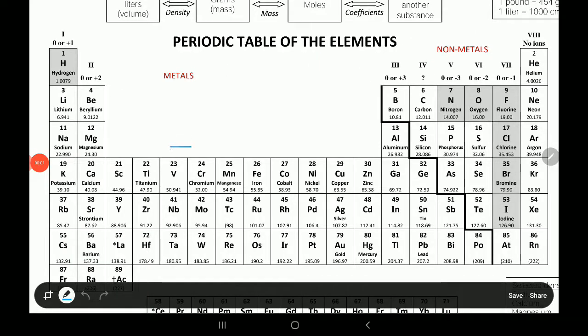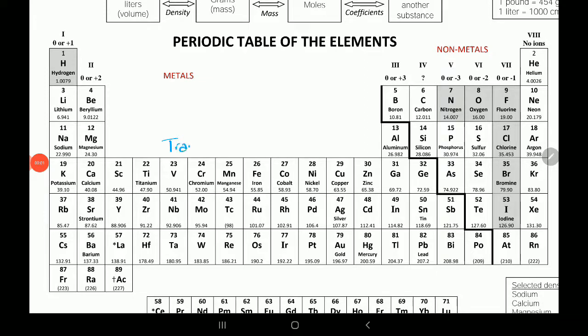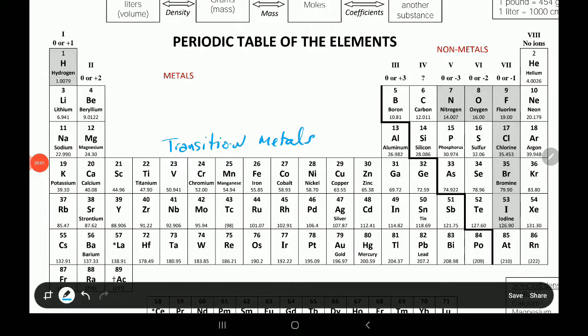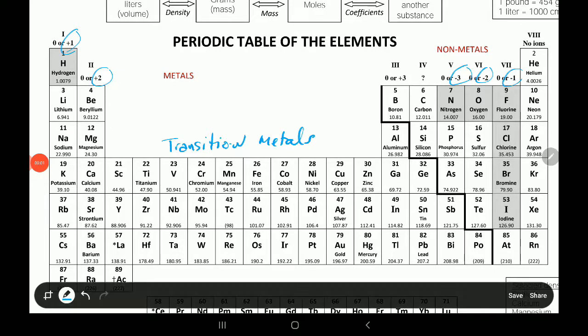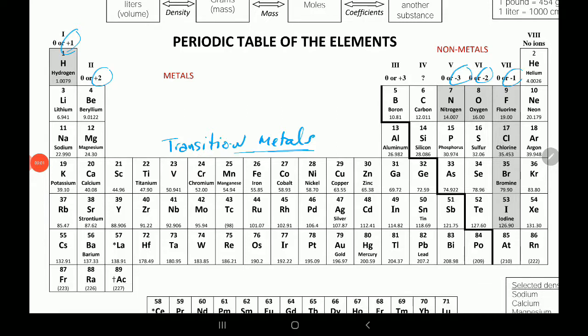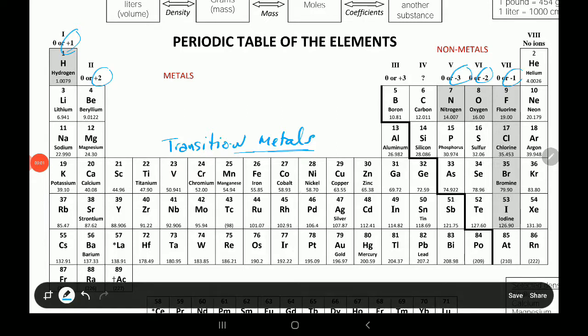So transition metals are these in the middle. And you can see that some of the columns had designations on the top. And we used those in assignment 1 to figure out the formulas of ionic compounds. But these transition metals are less predictable. So you can't tell just by looking at them what their charges will be. That's when you look on the back of your periodic table to figure out what they should be.